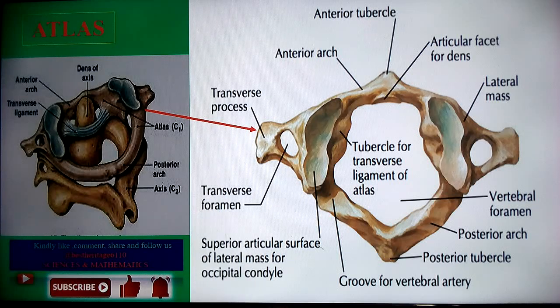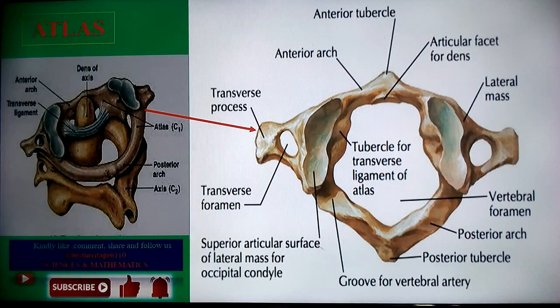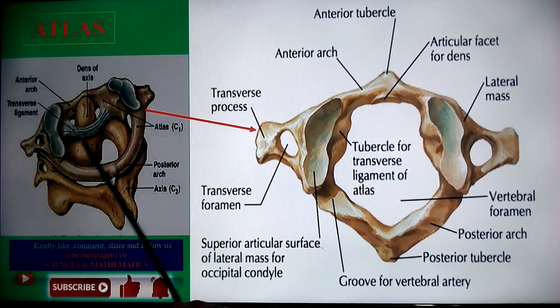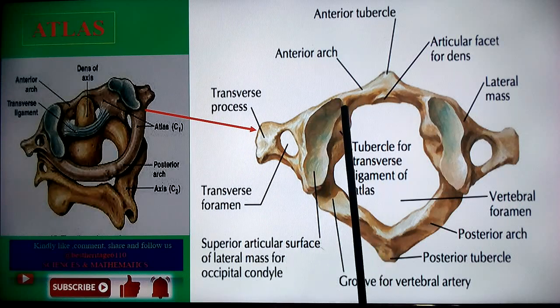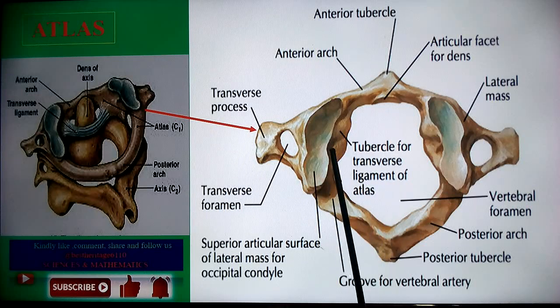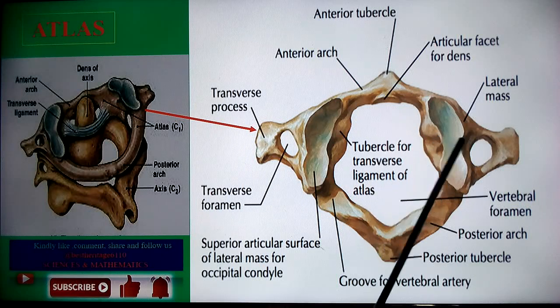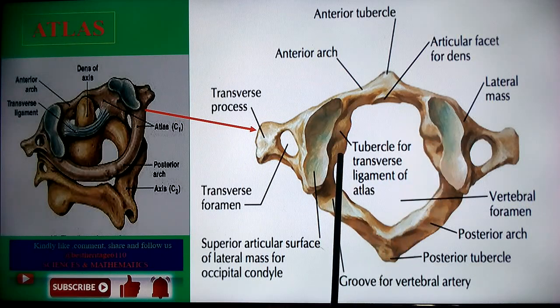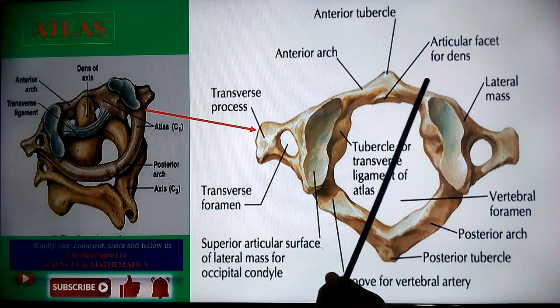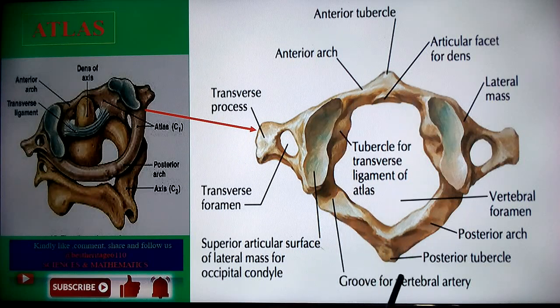If you look at the upper part of this atlas, we have the superior articular surface for the lateral mass of the occipital condyles. As we said, this first bone is the one that articulates with the skull, so this provides for that function. The atlas also has a small neurospine, a short projection at this point, not an elongated one like the axis we mentioned earlier.